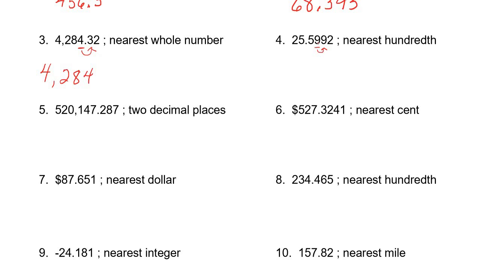So that means that I actually have to make this 5 bigger. I could think of this as adding 1/100th to 25.59, and I get 25.60.